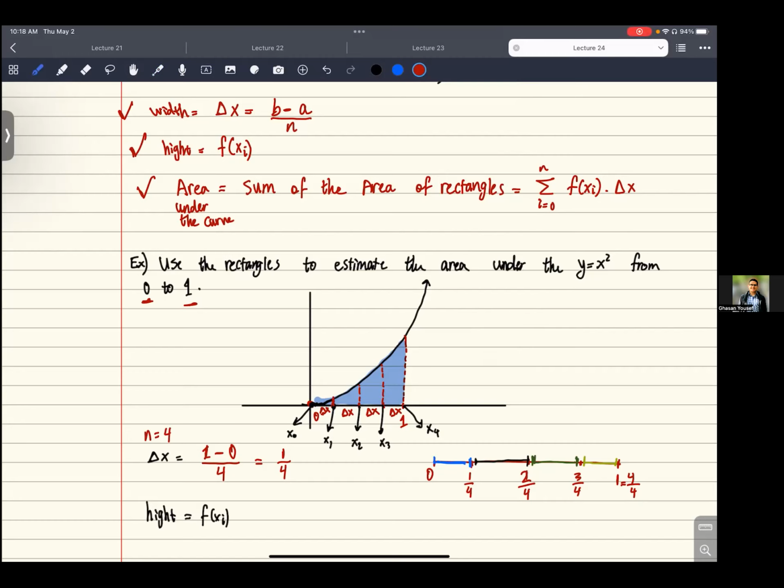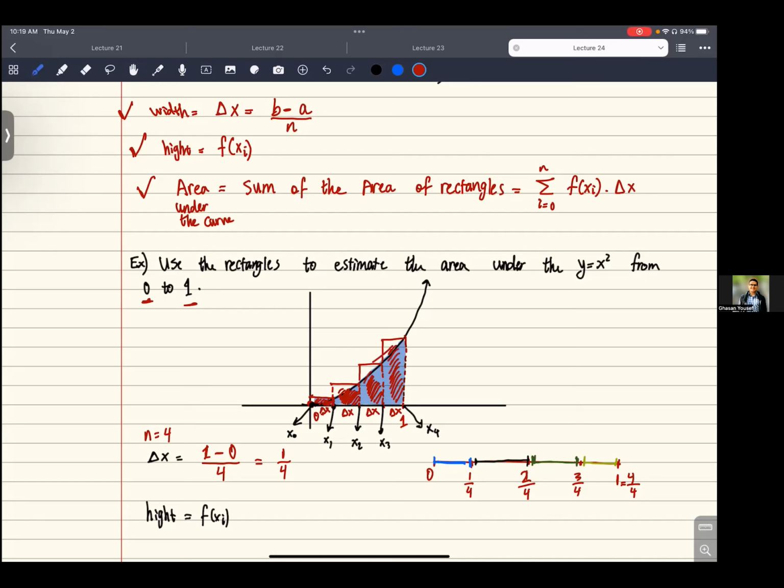Here is the first rectangle, the second rectangle, the third rectangle, and the fourth rectangle. This is the first area, the second area, the third area, the fourth area.